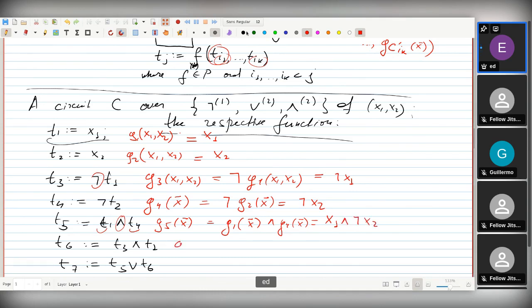Do you agree? Yes. G6 is g3 and g1, that is not x1 and x1.